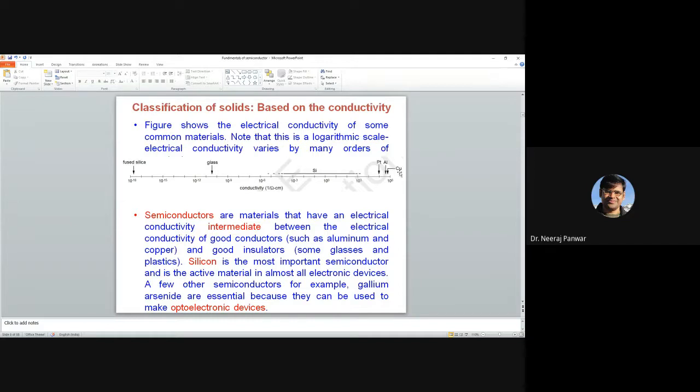But in the case of a semiconductor, for example silicon, the band gap lies in the visible region. Therefore, we can utilize these semiconductors to fabricate solar cells, or to fabricate other optoelectronic devices.